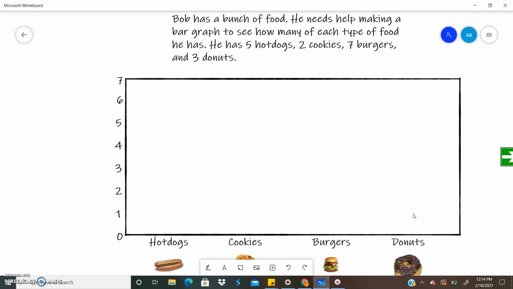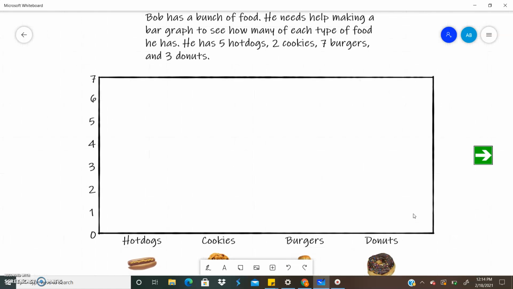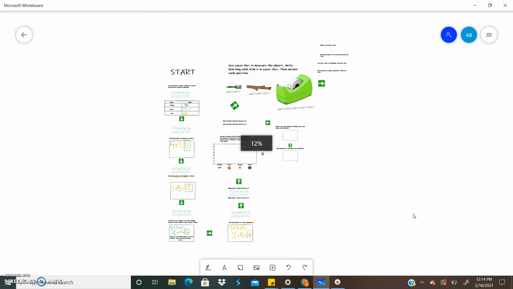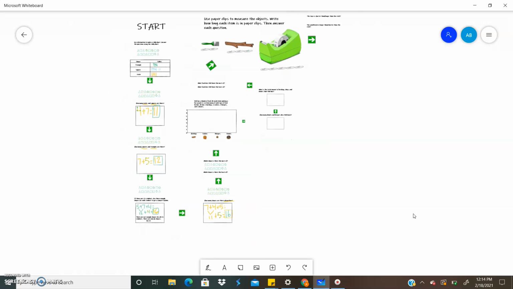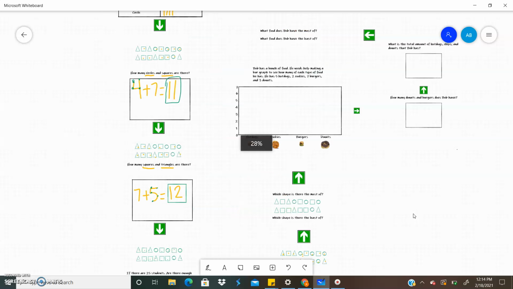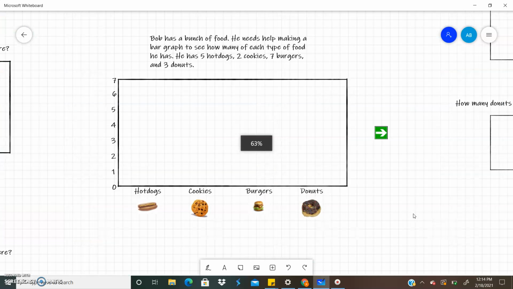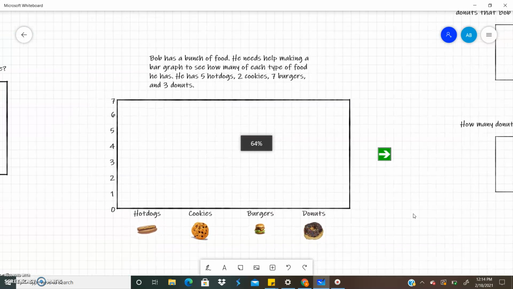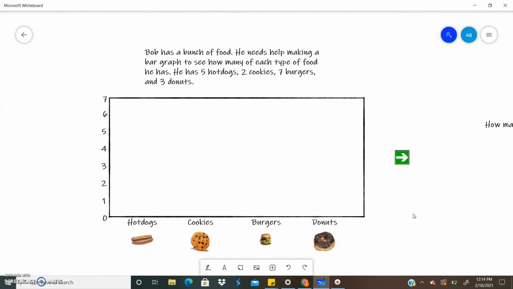So first of all, let's look at our table here. So we have hot dogs, cookies, burgers, donuts right here at the bottom. And then over here at the top, we have numbers that go along the side there. And they're 1, 2, 3, 4, 5, 6, 7.